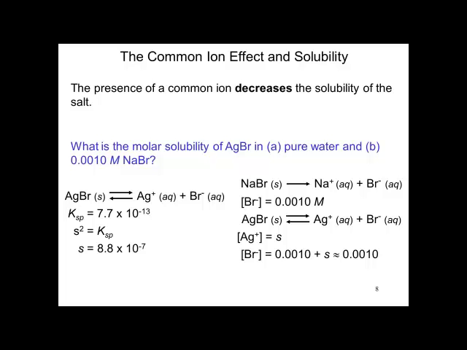Remember that the S was 8.8 times 10 to the minus 7, which is much, much less than 0.001. So the Ksp now is 0.001 times S, so S is now 7.7 times 10 to the minus 10th, which is much less than the original.